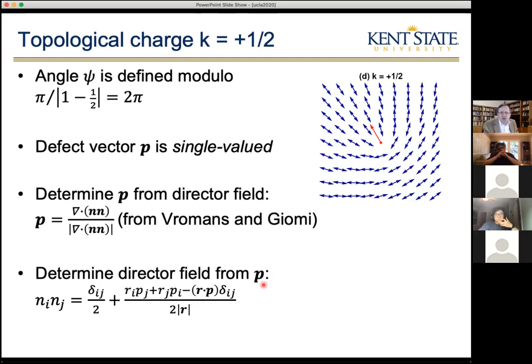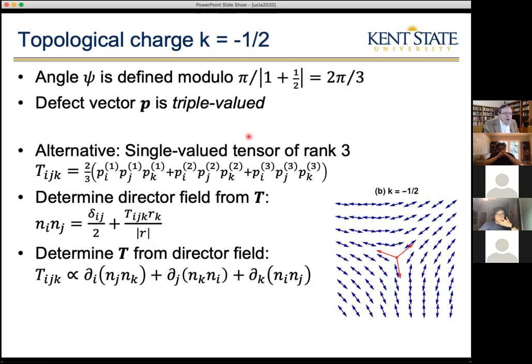So that works great for a plus half, the thing they did. Right? What about for a minus half? In that case, the angle is defined modulo pi divided by 3/2. Okay, so modulo 120 degrees. Okay, that makes the triad we see with 3 characteristic orientations sticking outwards.